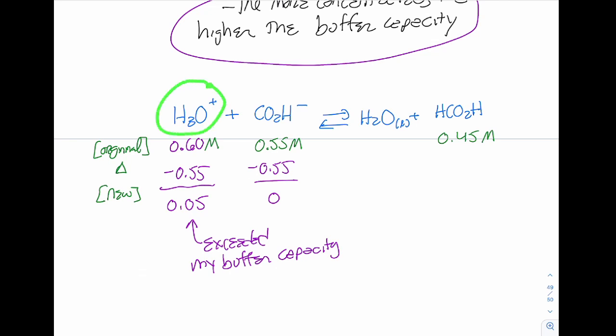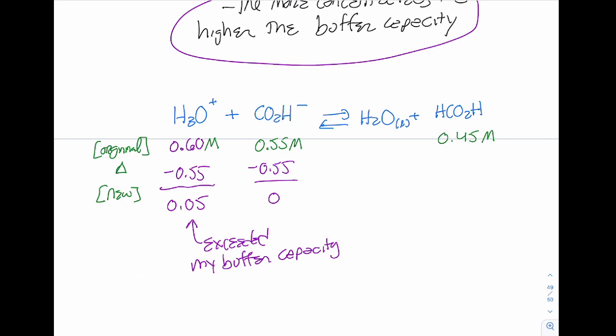If this is bigger than this, we've exceeded our buffering capacity. We've added more acid than the base component of the buffer can handle, which is how I have this example. Now what I have is a strong acid, and I would just take the negative log of that number to get my pH, and my pH is going to make a dramatic tumble. It's going to go down by quite a bit.